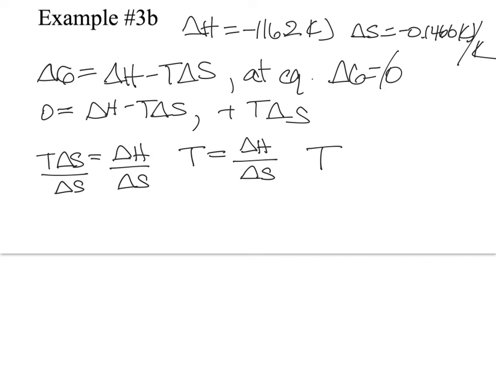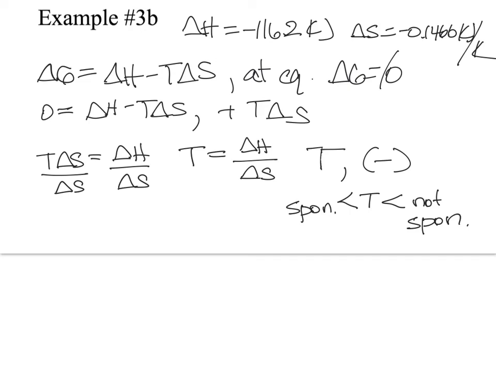In this case, because both are negative values, it is spontaneous at temperatures below this cutoff point. So below this T will be spontaneous, and above this T will be not spontaneous.